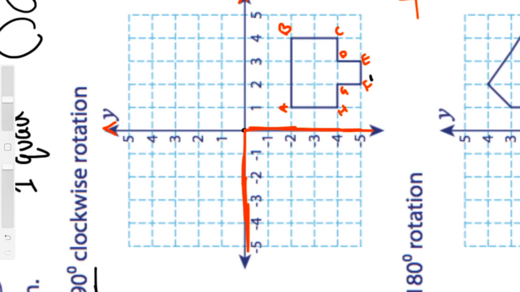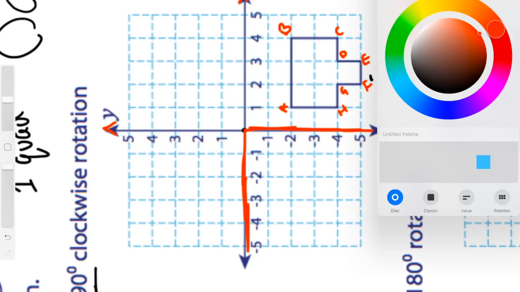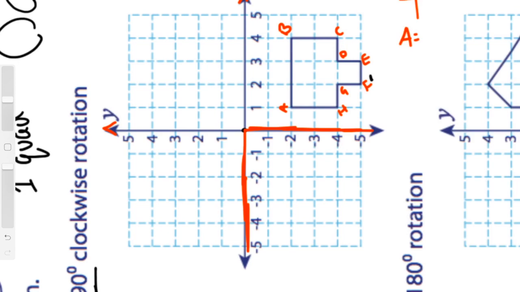So what do I mean by that? Well, A, to get from A to the origin, I go 2 to the right and 1 up. So I write 2 right, 1 up.